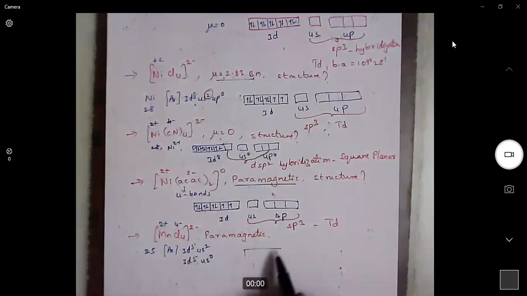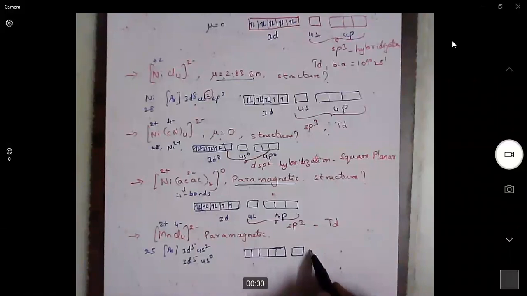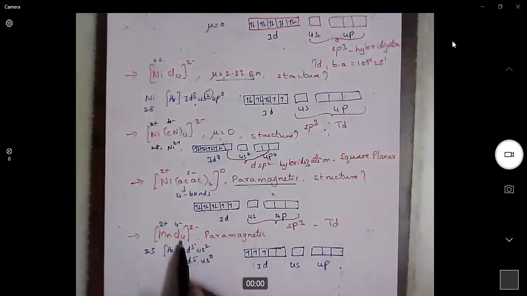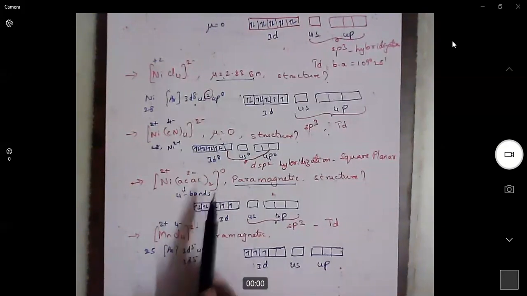Then 3d, 4s, 4p. You may think that if they are paired, then also we will get a single electron. But there are 4 ligands. That means it must give dsp2 hybridization or sp3 hybridization.